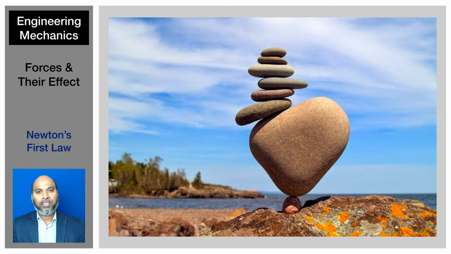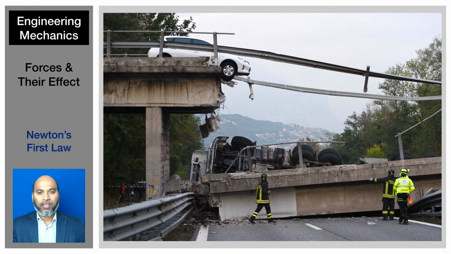But if the forces are not balanced, what happens? Things go wrong. In this case, you have a bridge collapse, for example. Of course, bridge collapse is due to structural failure, we understand that. But again, the static equilibrium is disturbed because of the imbalance of the forces.